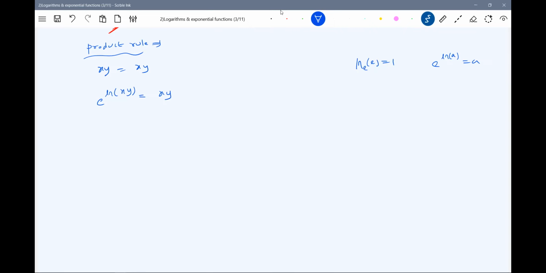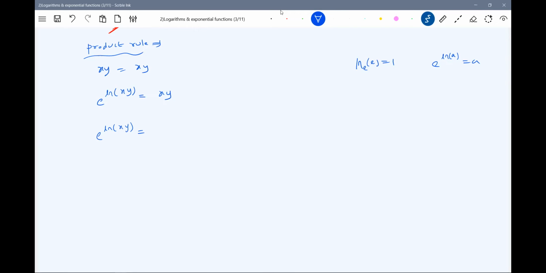Okay, now this is e to the power of log xy. What is the expansion of this? Oh, sorry, I think I just made a mistake.